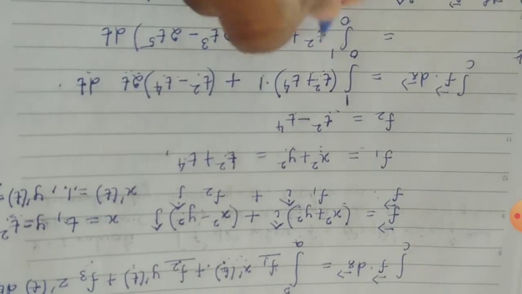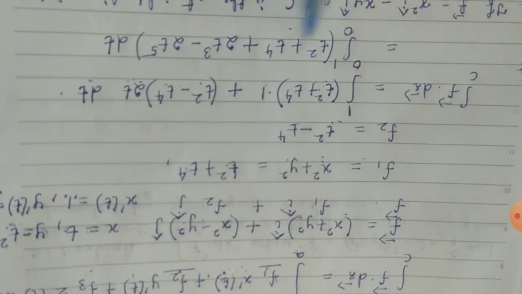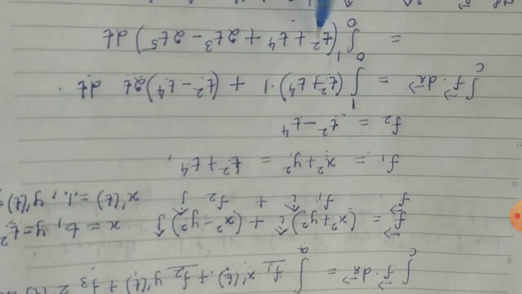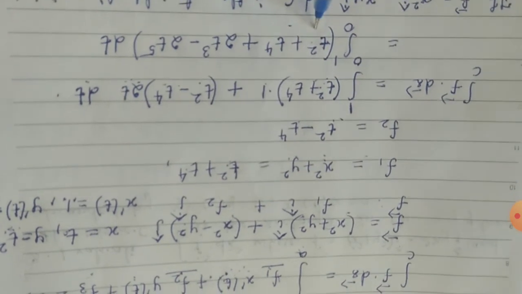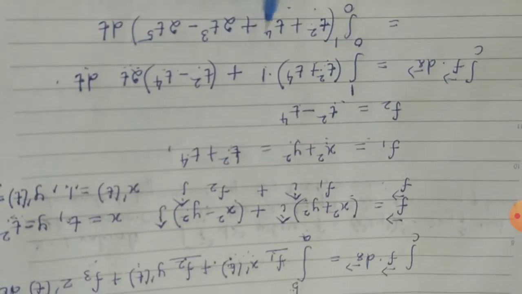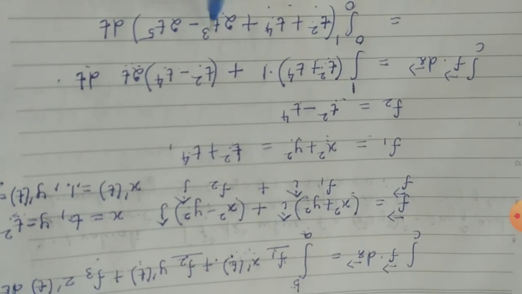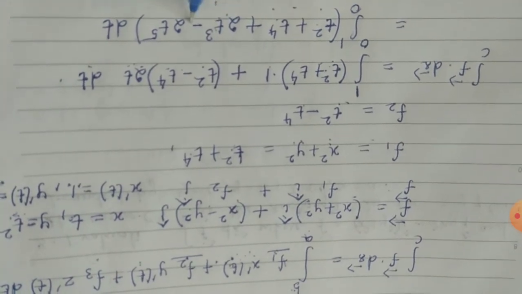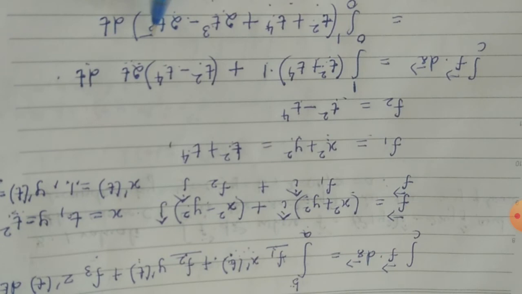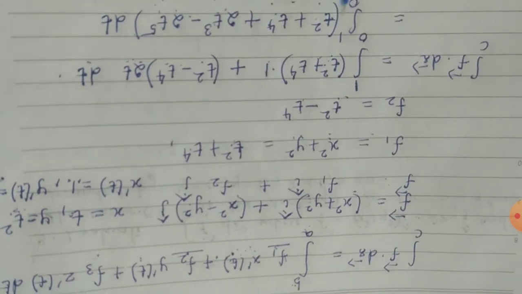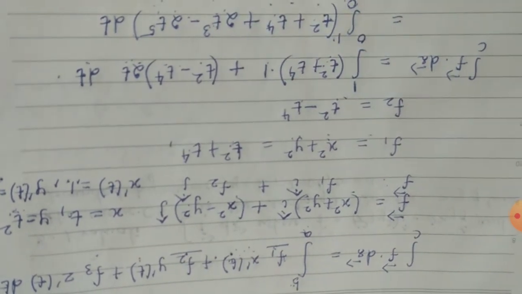Now you can integrate. Integration of t squared is t cube by 3, integration of t power 4 is t power 5 by 5, and 2t cube gives 2 into t power 4 by 4, minus 2 into t power 6 by 6. Then apply the limits and tell me the answer.